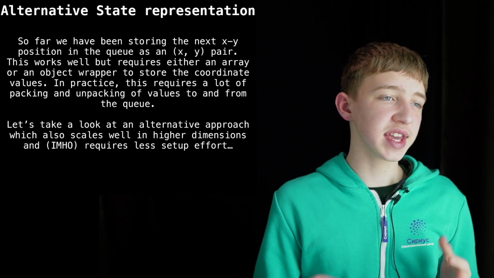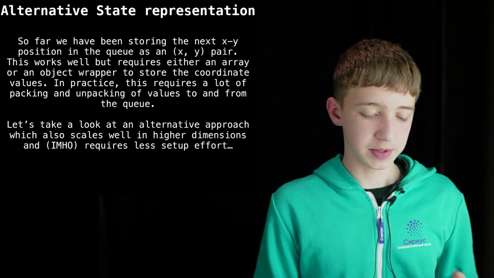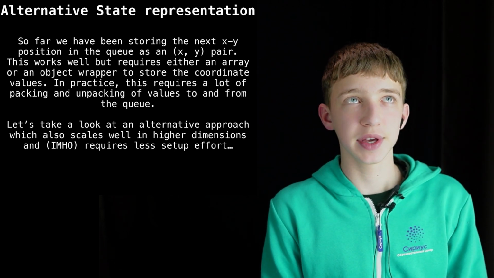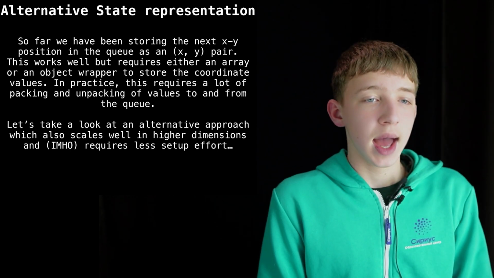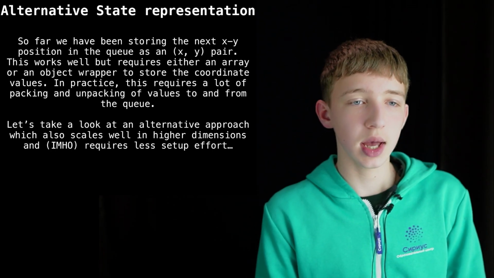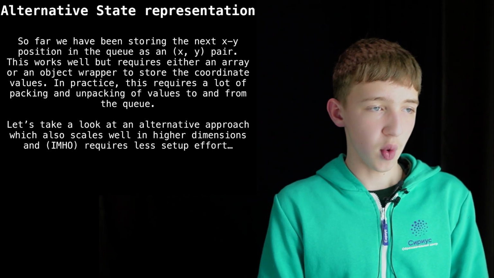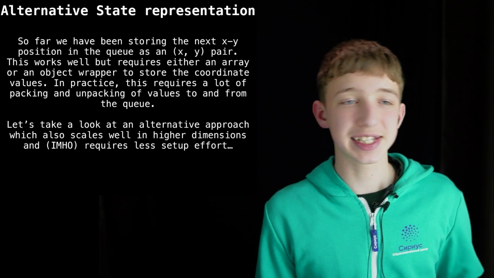We can store the next XY position pairs in the queue, as an XY pair. So this works well, of course, but this requires an array or a wrapper such as the pair data type in C++.